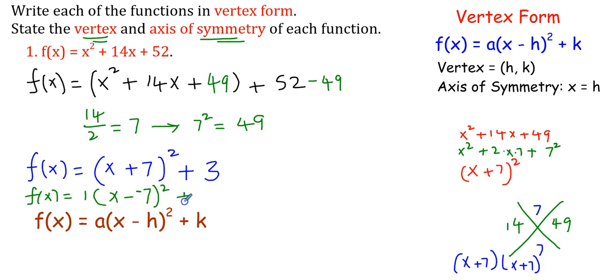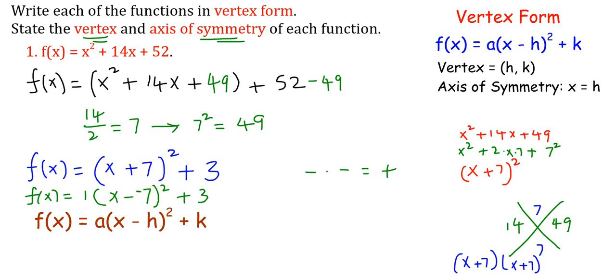By doing this, I did not change my function. The given problem is not changed. Negative times negative gives you a positive value. The product is positive. That's what we did here. Negative of negative 7 gives you positive 7.